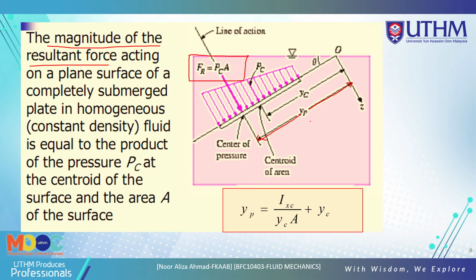This is called the resultant force, and this is called the magnitude. So to get YP, we must know the moment of inertia IC at the centroid, divided by YC, the distance to the centroid, times A, plus YC.